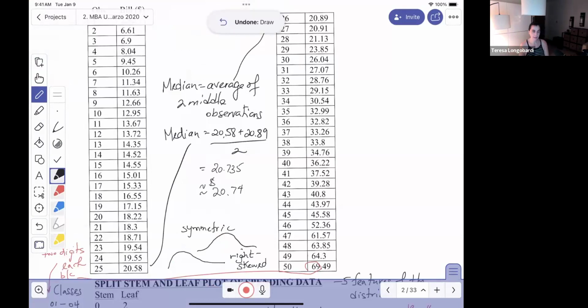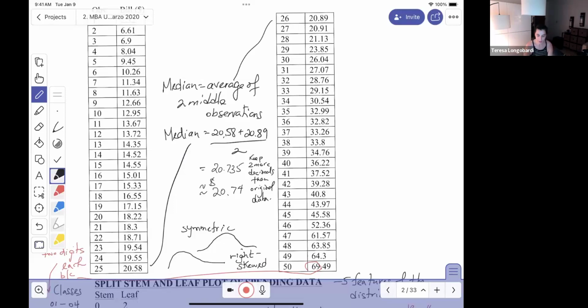It says in the notes that my rule is, in general, to keep 2 more decimals than the original data. So that is the median.